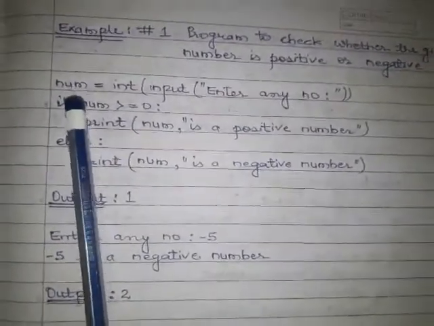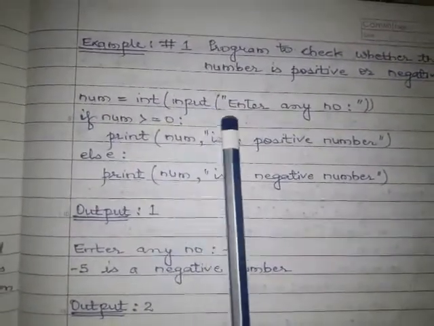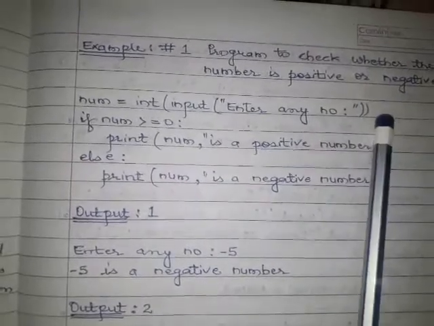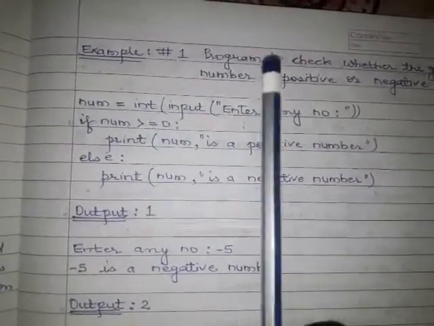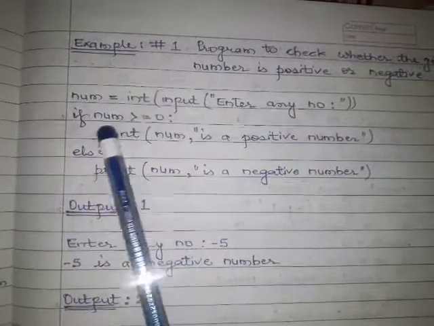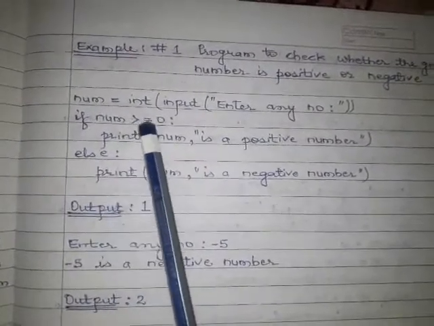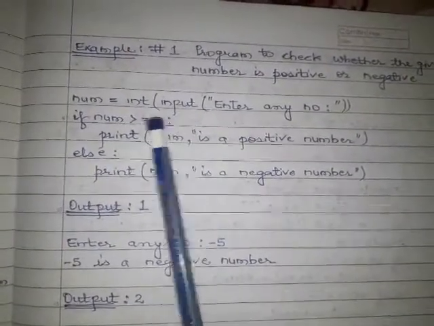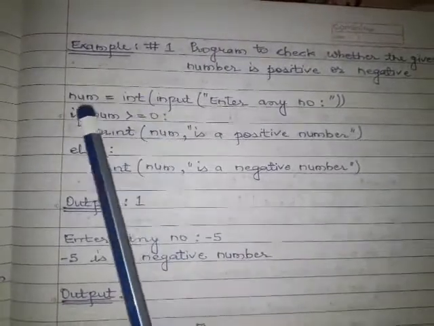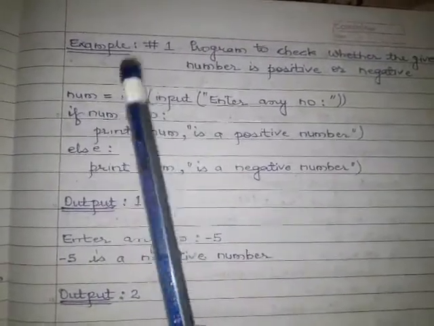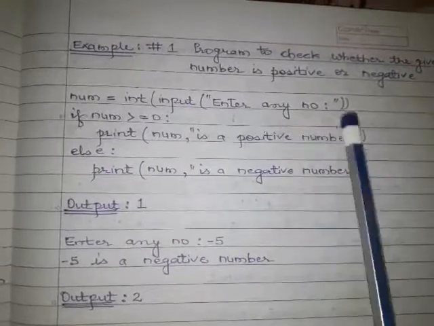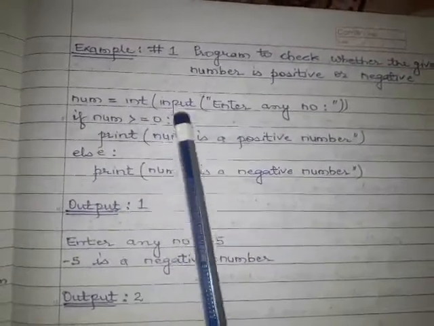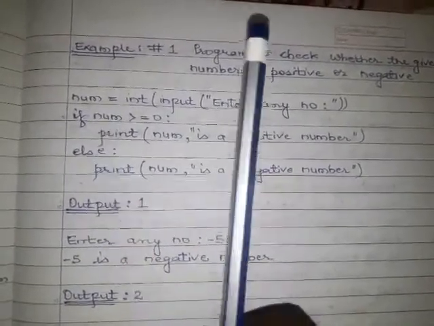Again, number equals int, input, enter any number. Same syntax as in the last program. If number is greater than or equal to 0, it means if this condition is true, the number is positive. Print number is a positive number. If this condition is false, then what to do? Then the number is a negative number.